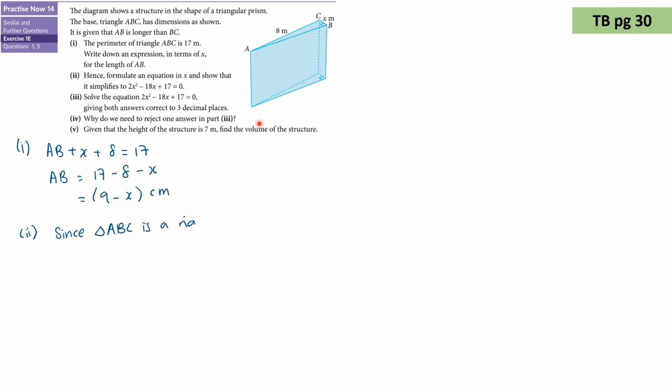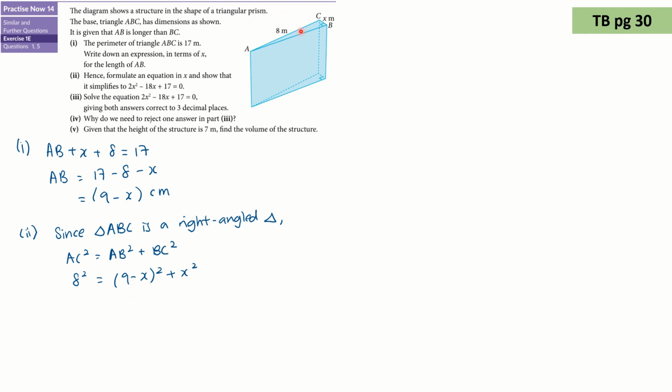Writing it down now, since triangle ABC is a right-angled triangle, AC square is equal to AB square plus BC square. Including the expressions and values that we already know, AC is 8 meters, hence 8 square. AB was found to be 9 minus x, hence (9 minus x) square.